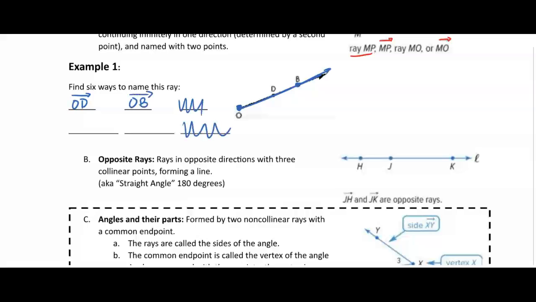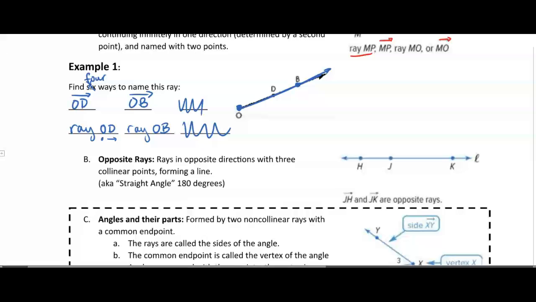Then I could name that same ray by using the word ray OD. O still has to come first as the endpoint. D is the point that gives me my direction, that's the arrow. Or ray OB. So that's 4 ways to name this ray.